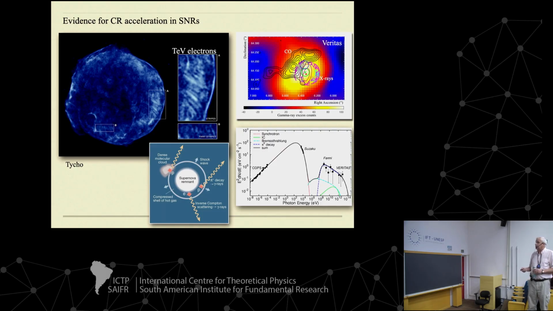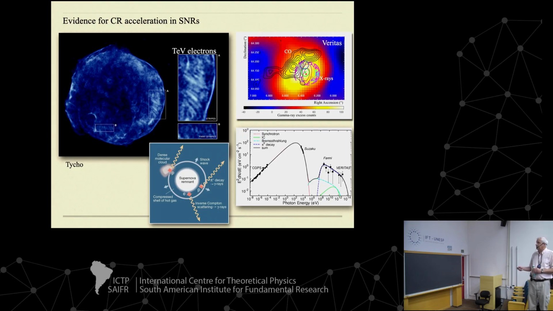And actually, we can make a quite good fit of the source using synchrotron radiation for the X-rays, for this image, and also we can reproduce the radio images of the supernova remnant.